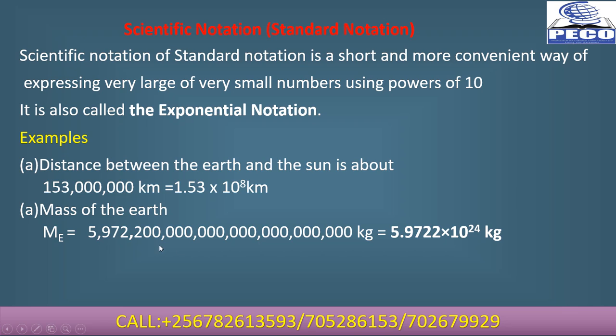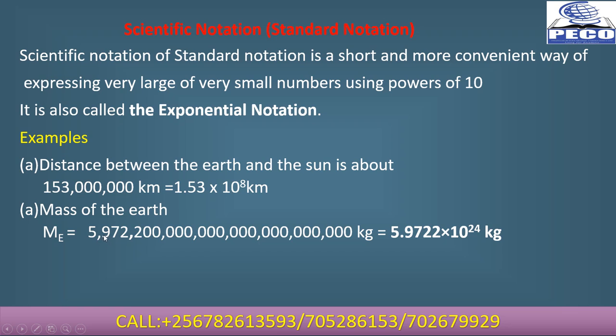So we just simplify this number, the mass of the Earth. We can just write it in the standard form and say, okay, 5.9722 times 10 to the power how many?